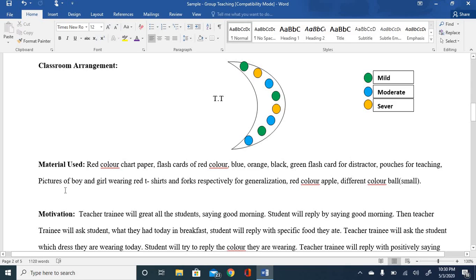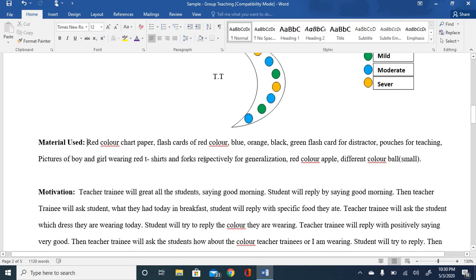This is for generalization, okay? Pictures of boys and girls for generalization. I will be telling you when you have to use this generalization. So I have left a space. I haven't mentioned, after evaluation. So I will be telling you when you can use the generalization. And the red color apple, and the red color ball, small size ball.